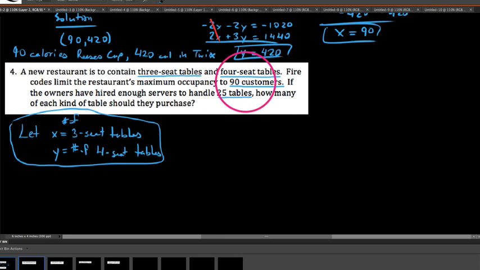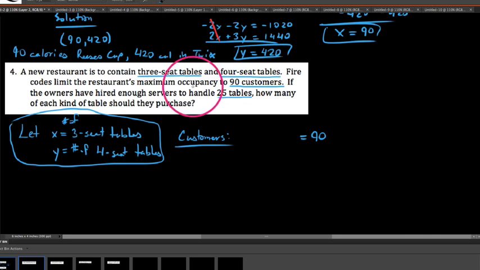When they said that the fire codes limit the restaurant's maximum occupancy to 90 customers, what we need to do is come up with a customers equation. When we talk about customers, we want to match up units. That 90 customers is the total number we're going to get on the right, but how would we describe this in terms of x and y on the left?